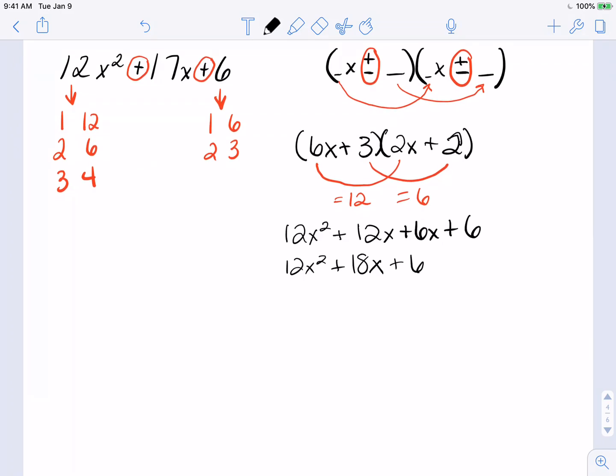So we're going to try another one. We also need to make sure, and this being wrong does not mean that my factors that I chose are wrong. It means that they could possibly be in the wrong order. So let's try switching the 2x and the 6x.